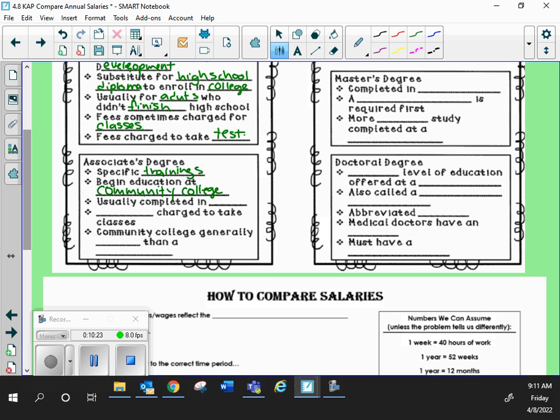When you go to a community college, it's usually completed in 2 years. And tuition is charged, but it's going to be reasonably cheaper. It's usually cheaper because you're not going to school for as long. A lot of community colleges don't have on-campus housing.